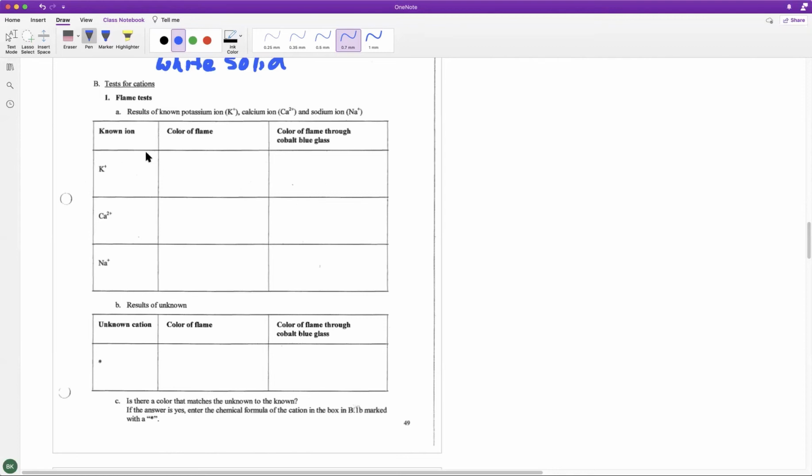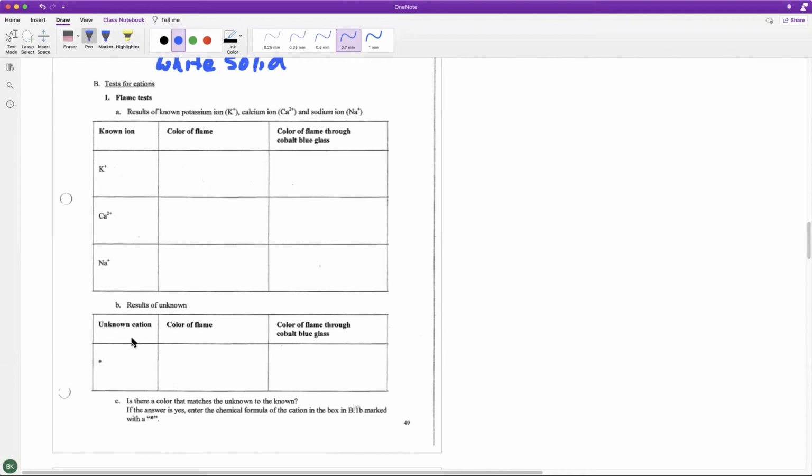So you're going to look at a solution of potassium chloride, a solution of calcium chloride, and a solution of sodium chloride. And you'll observe the colors of the three different flames, and then you're going to do the three different flames with the cobalt blue glass and observe the colors that you see with those, okay?